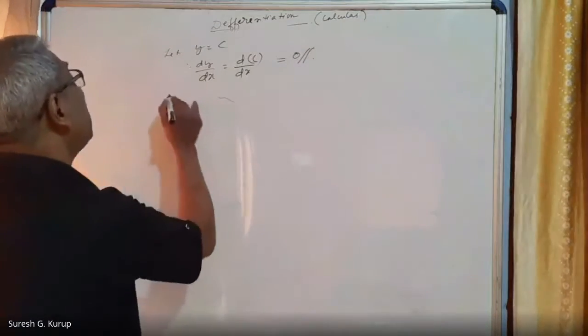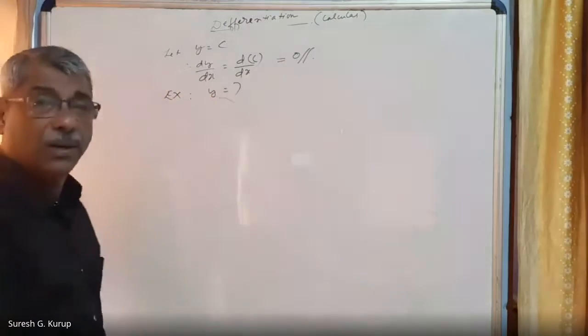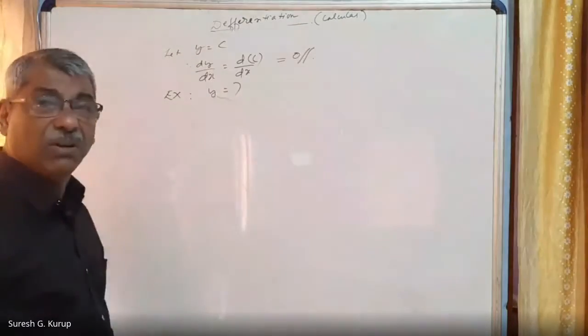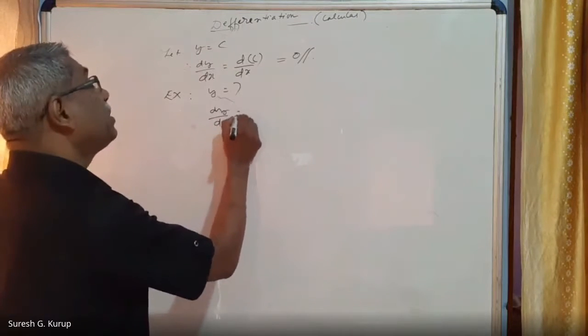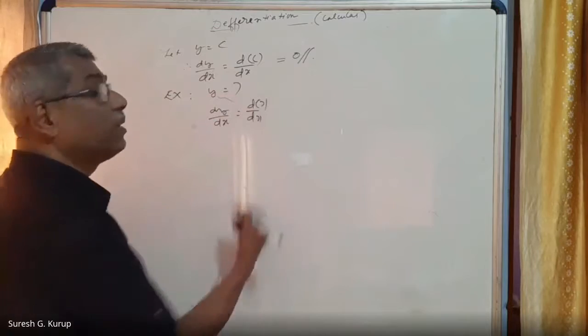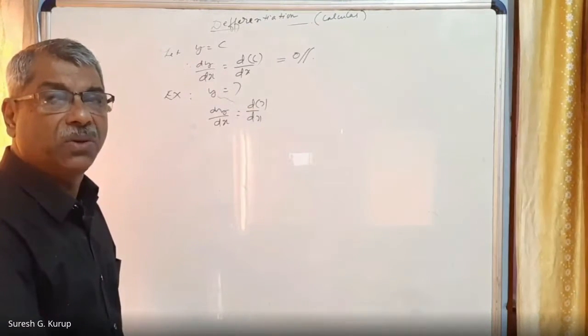For example, I can also write an example. Say y is equal to 7. Y is a function that is equal to 7. Right? Therefore, dy by dx is equal to d by dx of y, where y is equal to 7. That is, the differential coefficient of a constant is equal to 0.